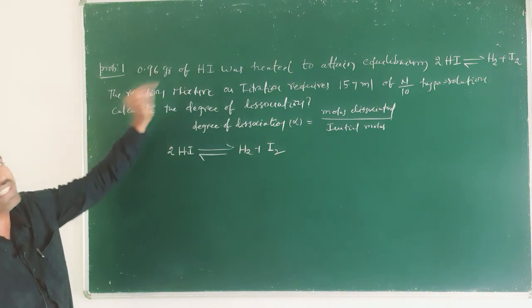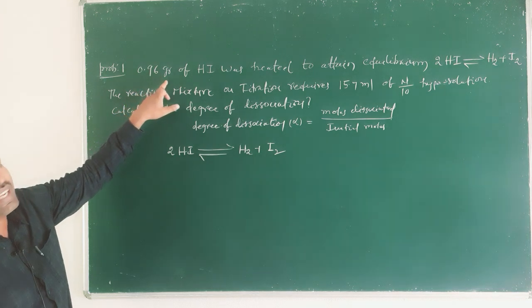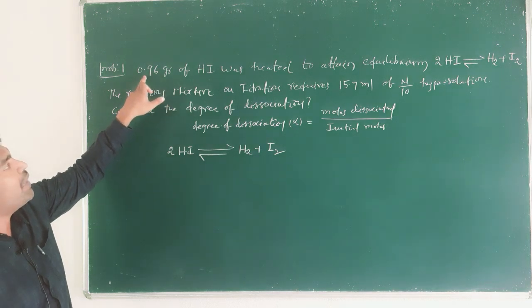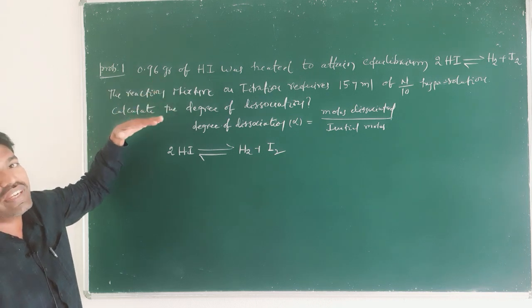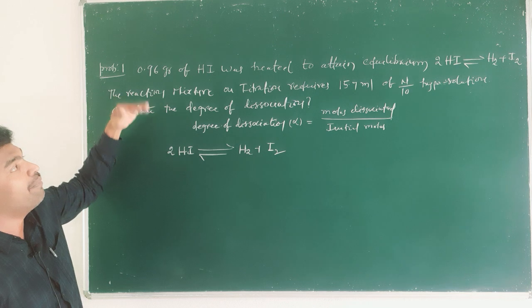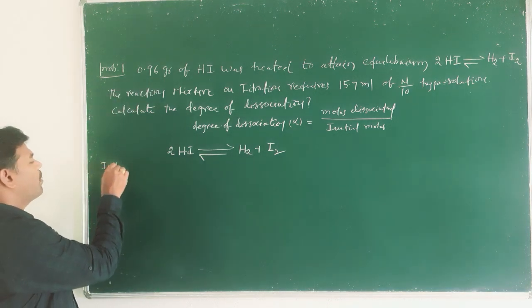By dividing the 0.96 grams of HI by its molecular weight, we can get the initial moles, the number of moles of HI.